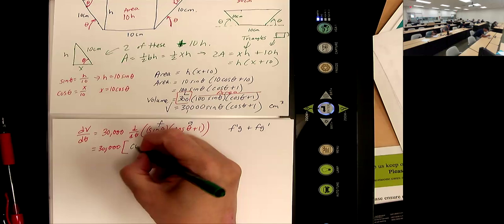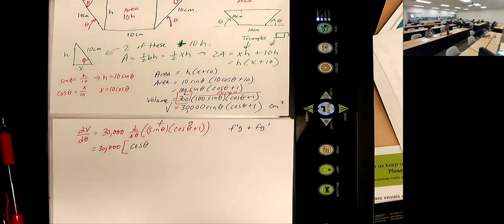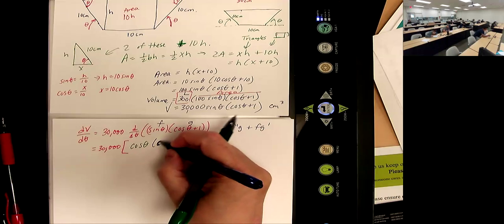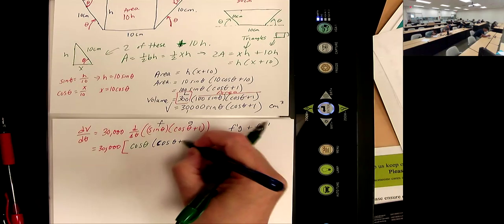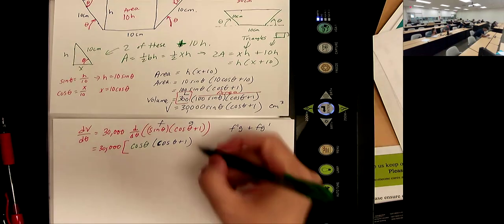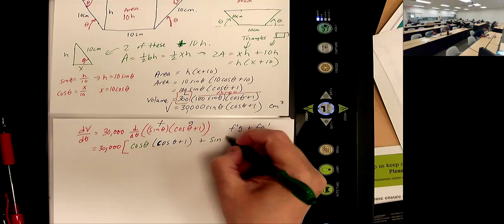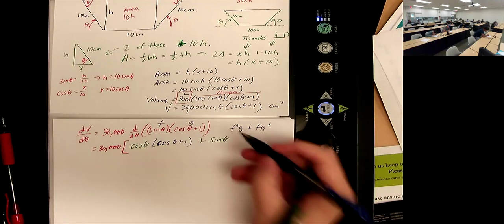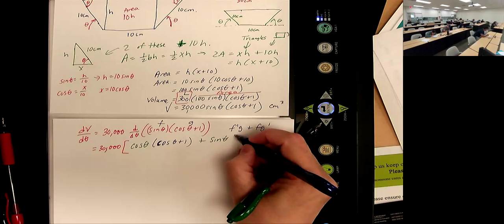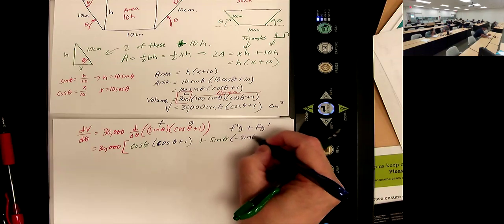F prime is cosine theta, and G stays as cosine theta plus 1. And F is sine theta, and G prime is negative sine theta.